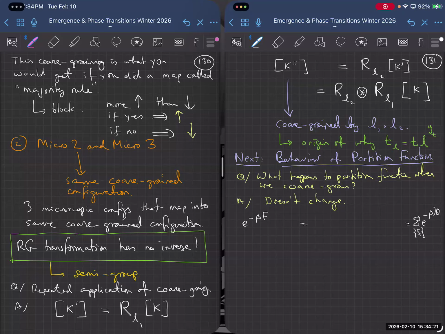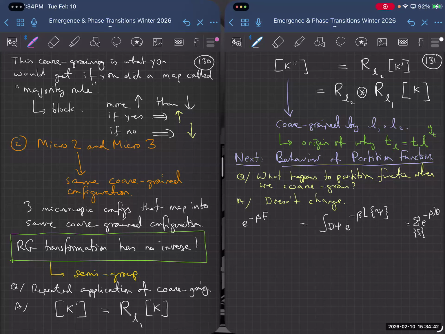And then somewhere in the middle here is some functional integral of some Landau free energy that depends on some macroscopic order parameter. And all I'm doing is changing the variables that I'm using to describe the system. But at the end of the day, I still have to be able to compute the thermodynamics.